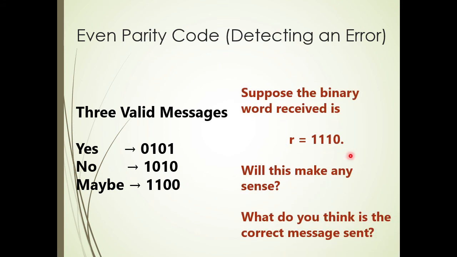Now suppose that the binary word received is 1110. Now definitely the receiver knows that there is an error because the receiver received something of odd parity when in fact the receiver and the sender agreed on using only even parity. So definitely there is an error and we are able to detect that error.